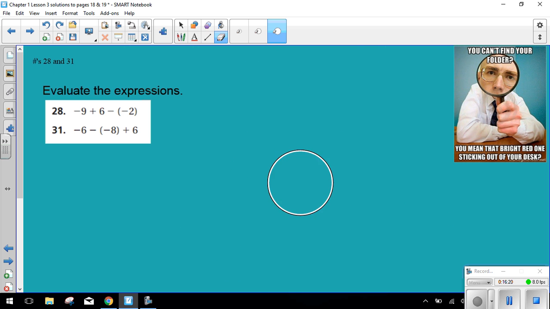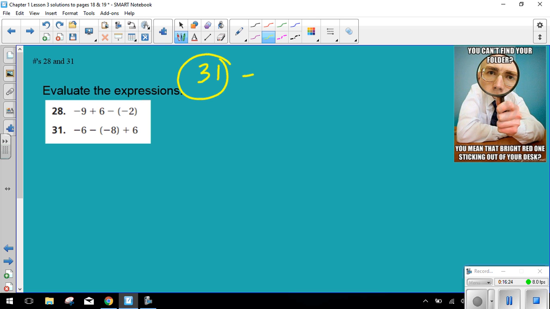All right, and finally, let's take a look at 31 for this page. We have -6 minus -8 plus 6. Okay, first thing I'm going to do is rewrite -6. Here's my minus, so it becomes plus. Take the opposite of that guy. The opposite of -8 is 8.